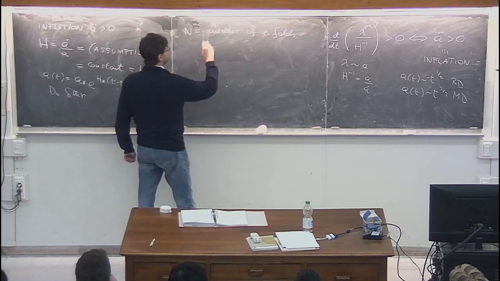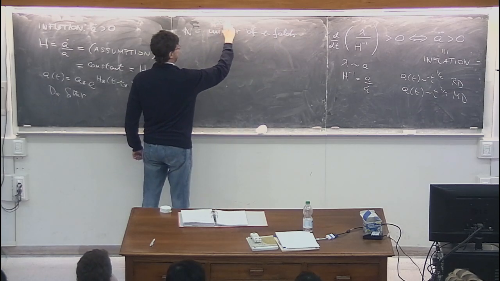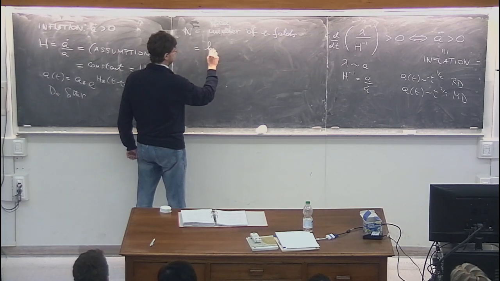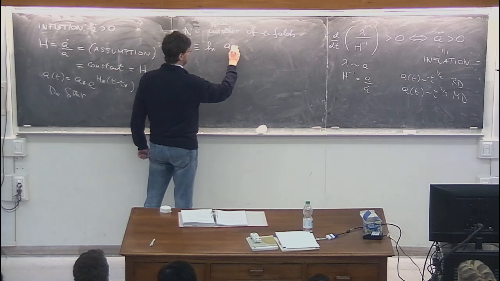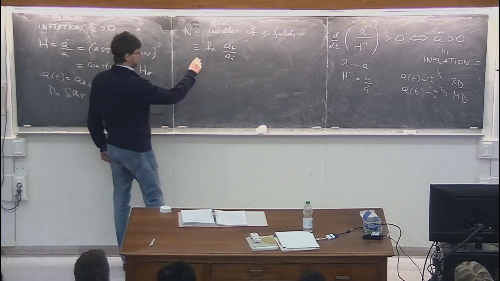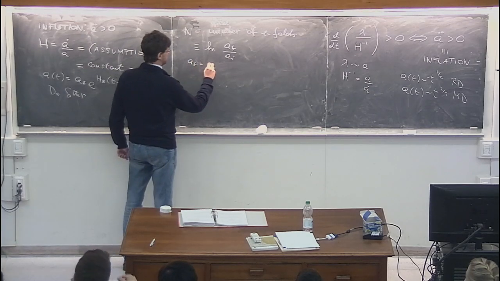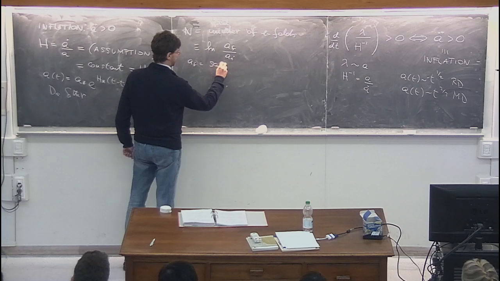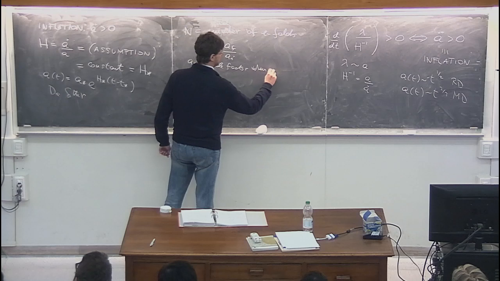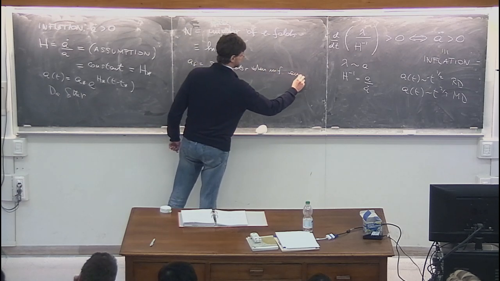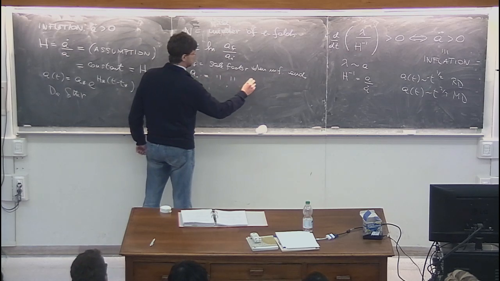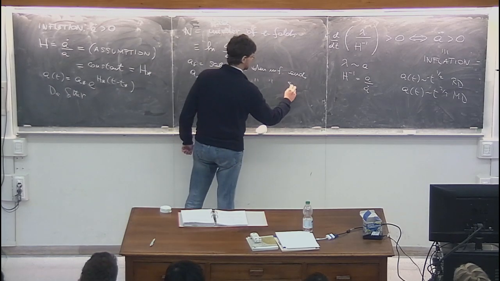In fact, I should say the total number of e-folds. And this is the definition: the log of a final divided by a initial, where a final is the value of the scale factor when inflation ends, and similarly, a sub i is the scale factor when inflation starts.